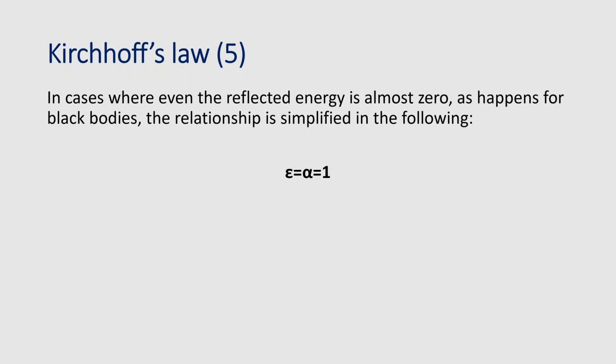So that means that for a black body, by definition, of course the emission coefficient is equal to 1, and being a perfect absorber, also alpha is equal to 1.